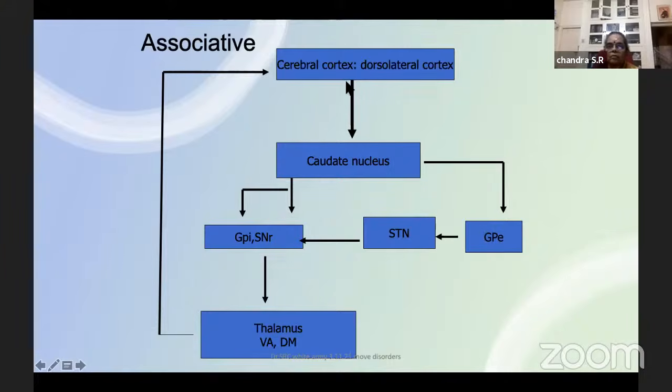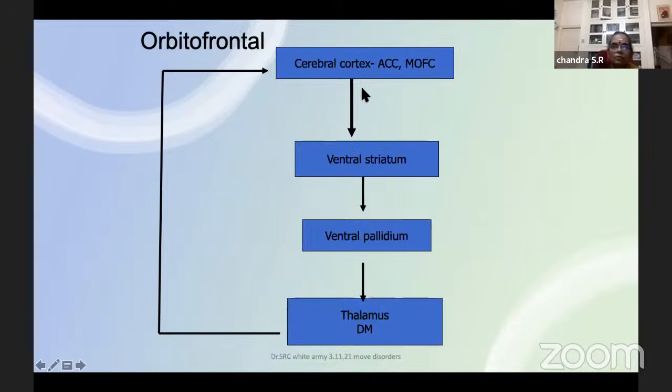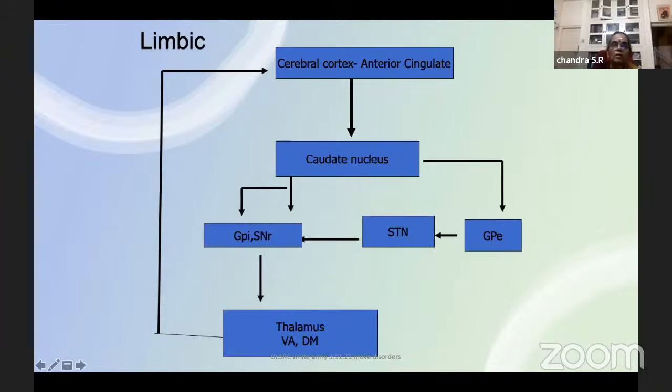That is the dorsolateral prefrontal or the associative circuit. Then you have got the medial orbitofrontal, that is the anterior cingulate region. That is the preservation of self and species related functions. So it goes to the ventral striatum, that's the olfactory tubercle, nucleus accumbens, pallidothalamo-cortical. That is the medial orbitofrontal circuit. And then you have got the limbic circuit, starts from the limbic area, then goes through the again pallidothalamo-cortical. So these are the 5 circuits.